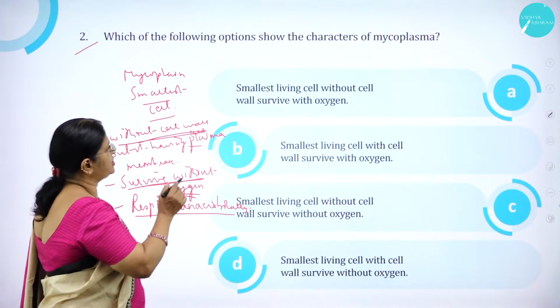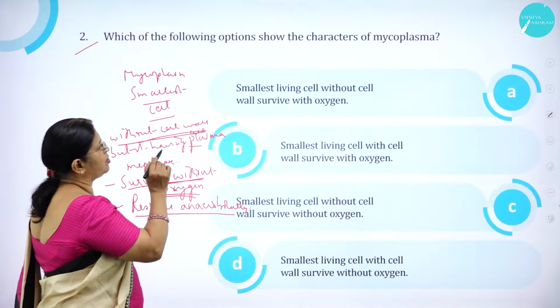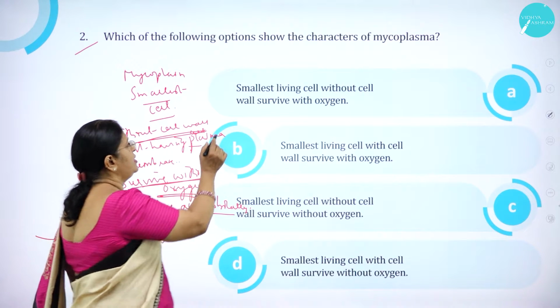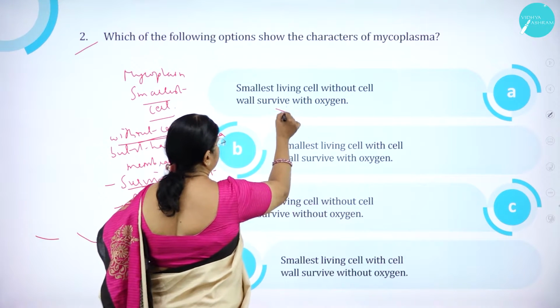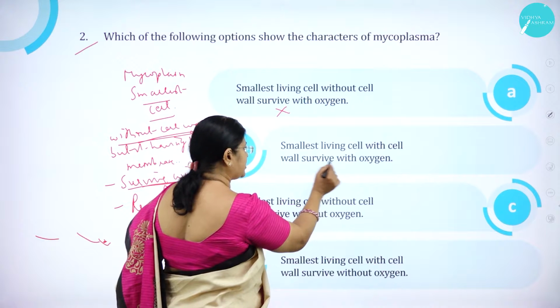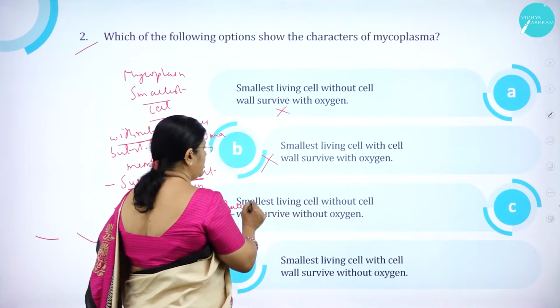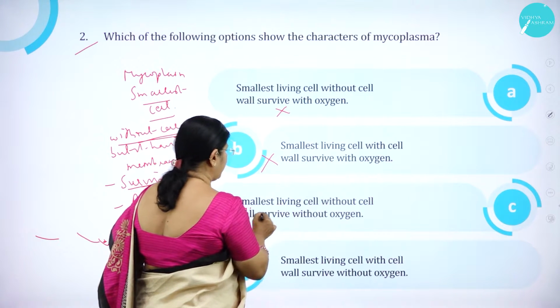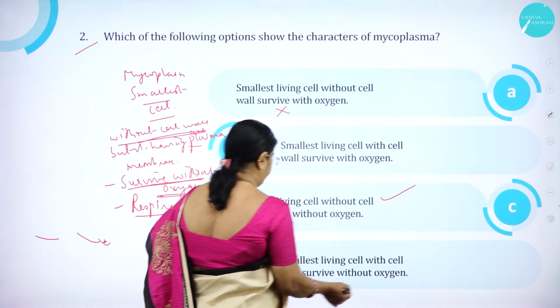Anaerobically. So, the option smallest living cell without cell wall, survive with oxygen, wrong. Smallest living cell with cell wall, survive with oxygen, wrong. Smallest living cell without cell wall, survive without oxygen, correct.